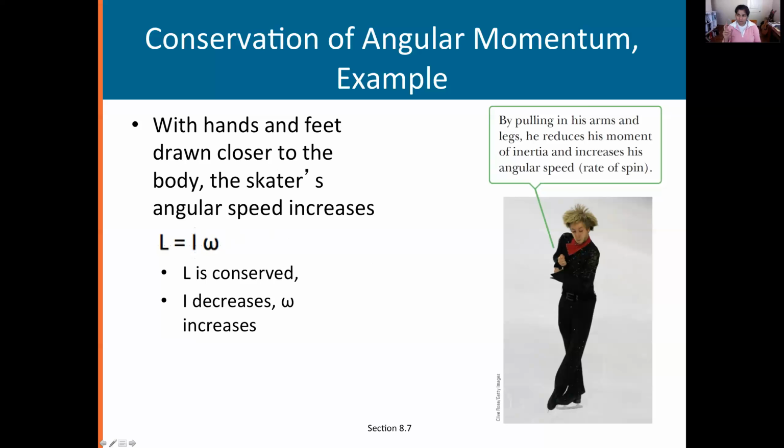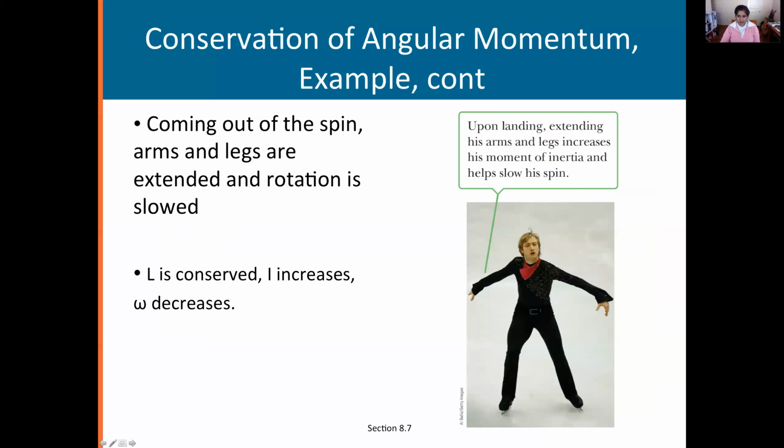So he's going into a fast spin. And when he comes out of the spin, the very opposite happens. He's increasing his moment of inertia by throwing some of the mass away from the axis of rotation, as much as possible. His arms are opened out, his legs are as far apart as possible. This is still the axis of rotation, but he's slowing down. Why does he slow down?